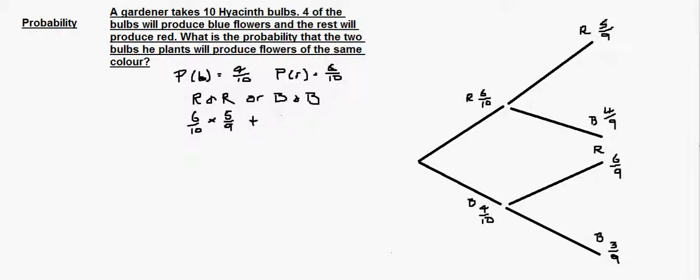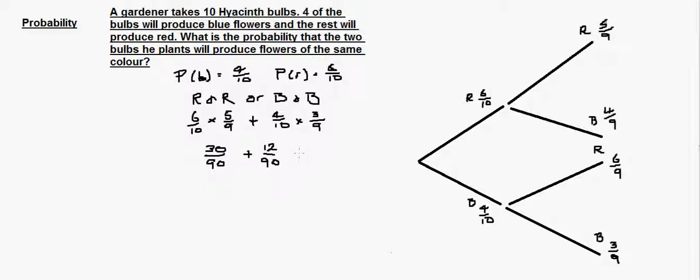Blue would be 4 over 10 multiplied by 3 over 9. Okay, so always multiply out first. So 6 5s are 30, and 10 times 9 is 90, plus 4 3s are 12 over 9 10s are 90.